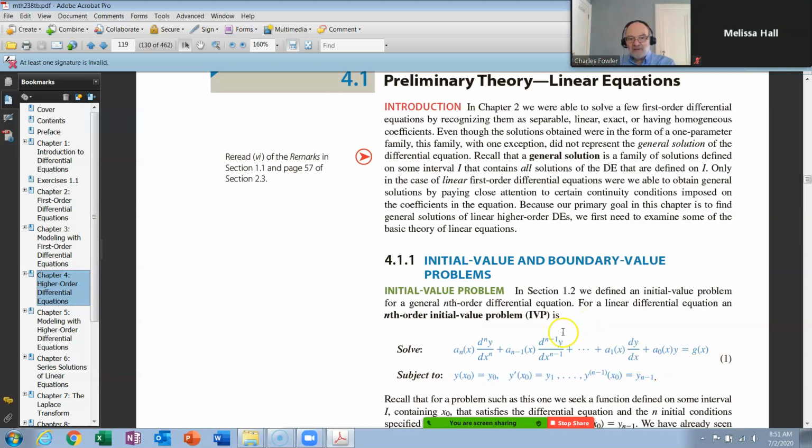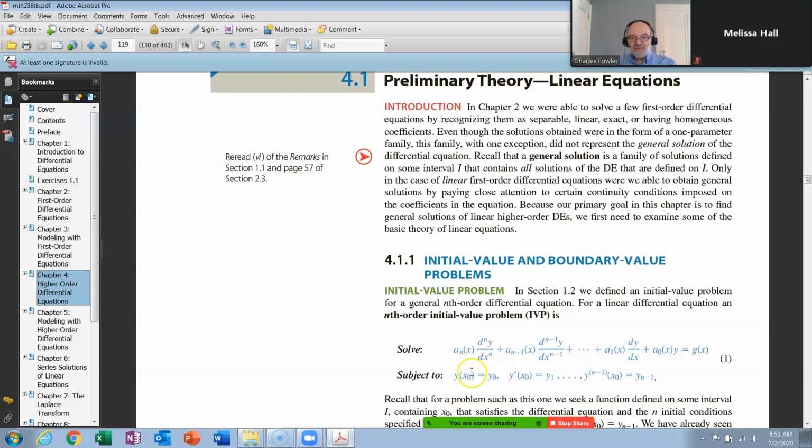Now, that's the differential equation part. Here are the initial conditions. With first order, you only had one initial condition, as in y of x0 equals y0. But if you have an nth order equation, that means you have n initial conditions.